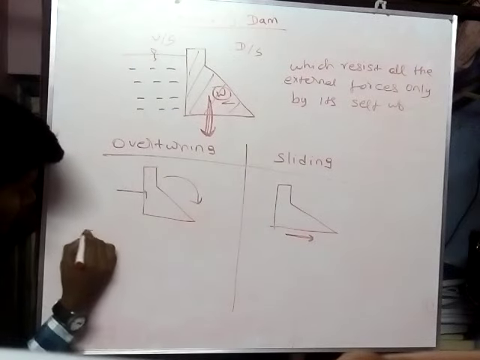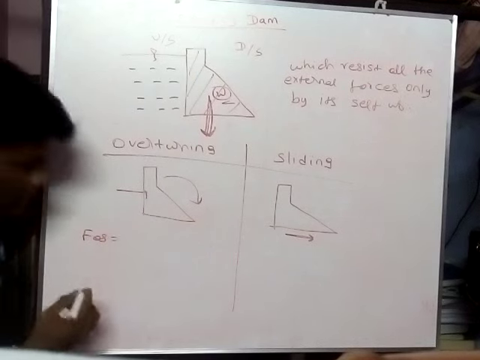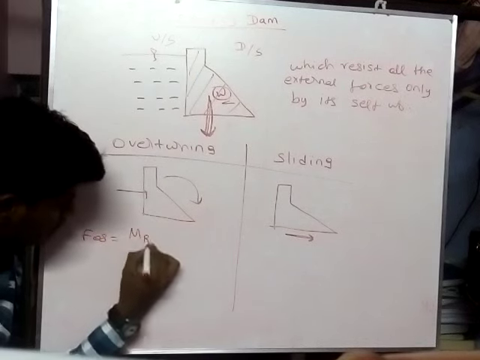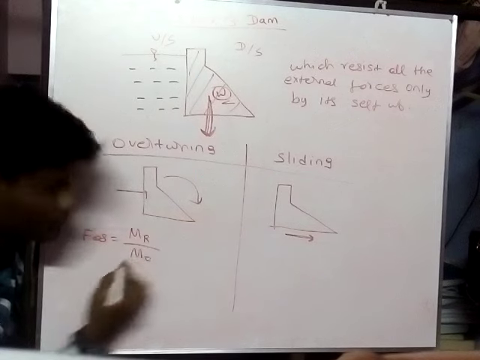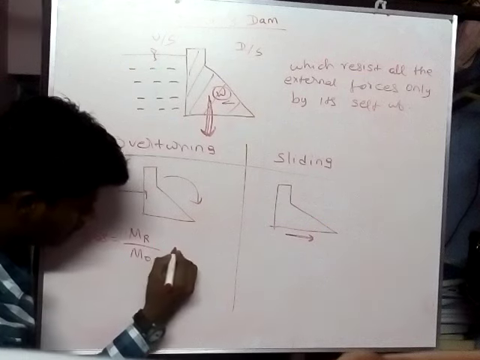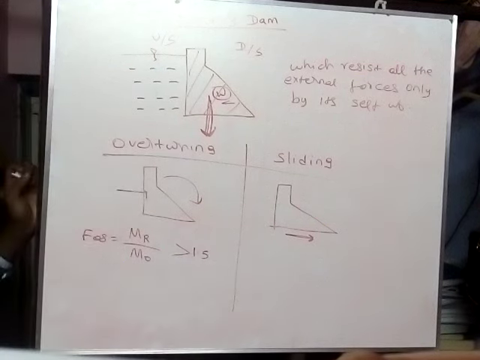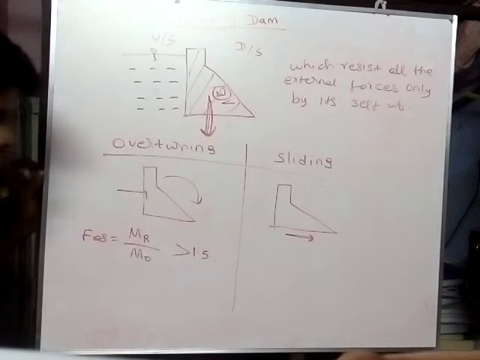So the factor of safety against overturning is the resisting moment to the overturning moment, which should be greater than 1.5.